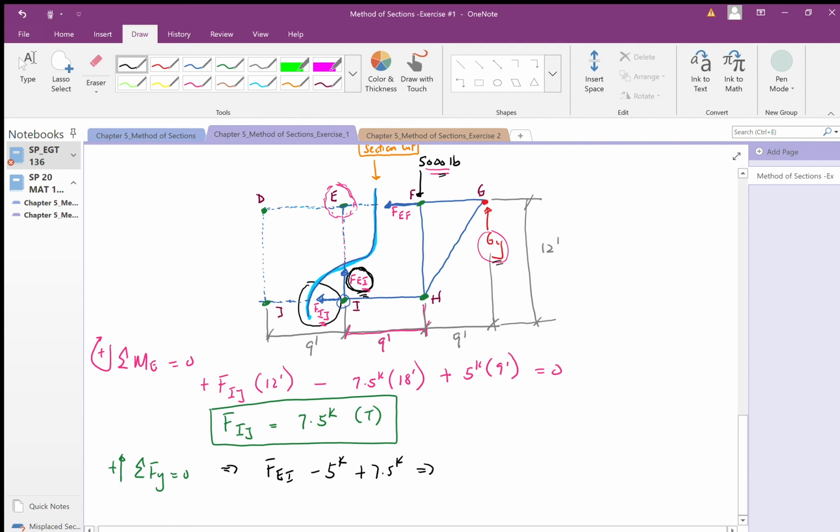When you do the math, you're going to get force EI equals 2.5 kips. And that's your answer. And this, I'm sorry, negative. And that's going to be in compression.